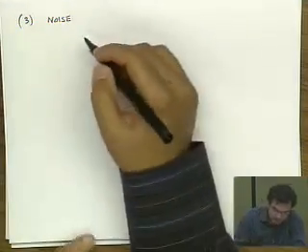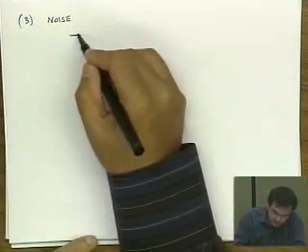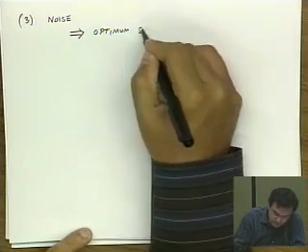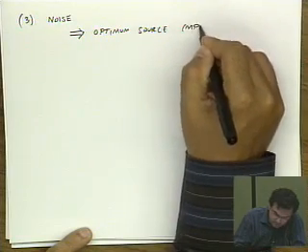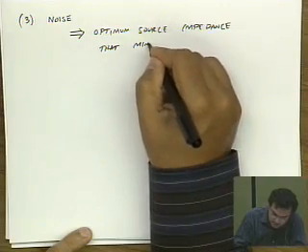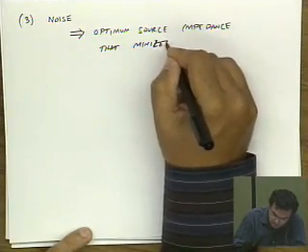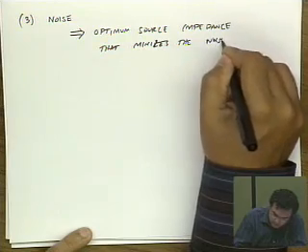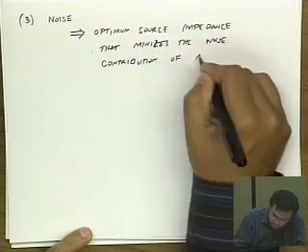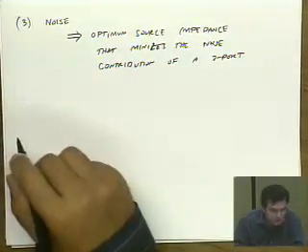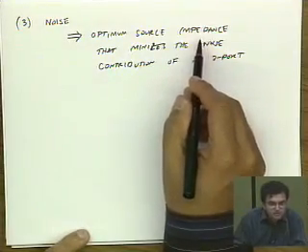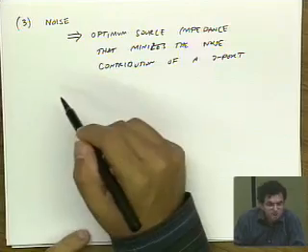I won't go through the details, but let's just say that there is an optimum source impedance that minimizes the noise contribution of a two-port. And in fact, this optimum impedance is not necessarily the same as the optimal impedance for maximum power gain.